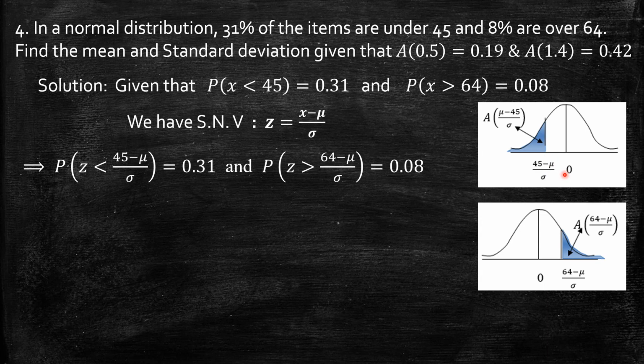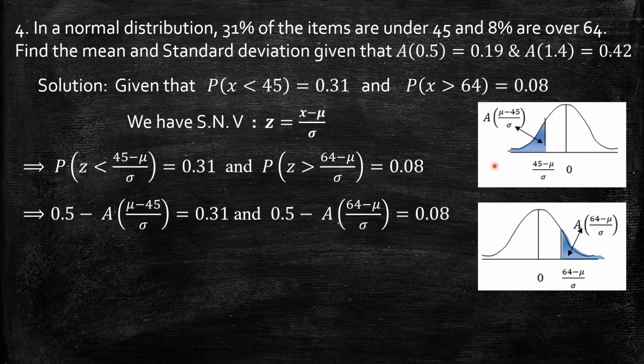Suppose here it is minus z1, so A of minus z1, but by symmetry A of minus z1 is the same as A of z1, so we can just change the sign. That means it is 0.5 minus the area of (mu minus 45) by sigma. That area is already known, that is 0.31.